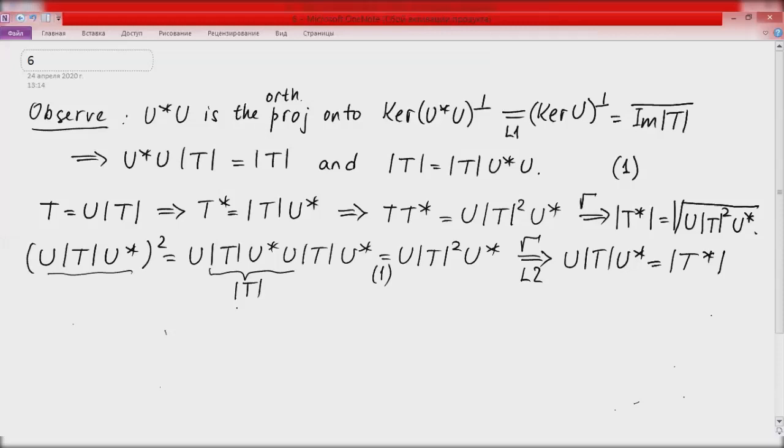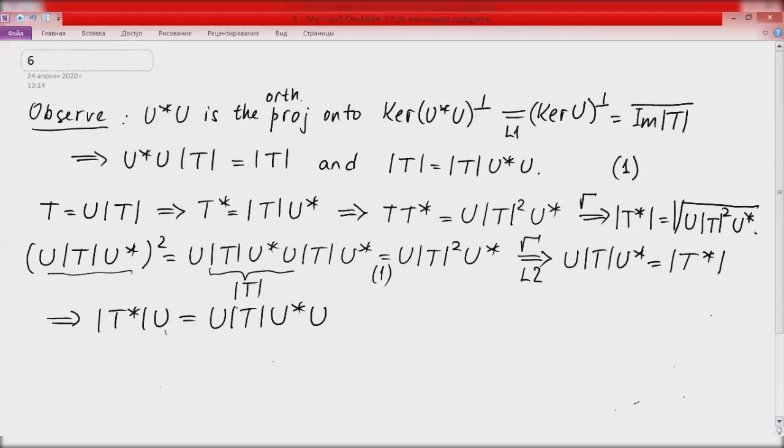Okay, and finally, if we now multiply the modulus of T star by U, we get the following. So by the previous equality, this is U modulus T U star U. And now we apply formula 1 again.